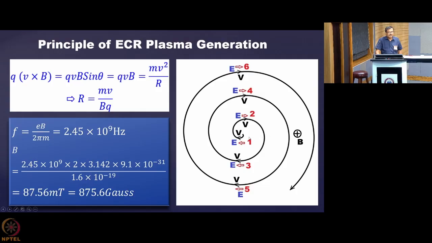When I have done that, the radius of that gyration has increased, and when it has reached here, I need to apply an electric field, if we want to accelerate, of course, exactly in the same direction. So, now I need to put it over here in this direction. Then I have applied the energy again. So, velocity is increased further, radius also increased further.